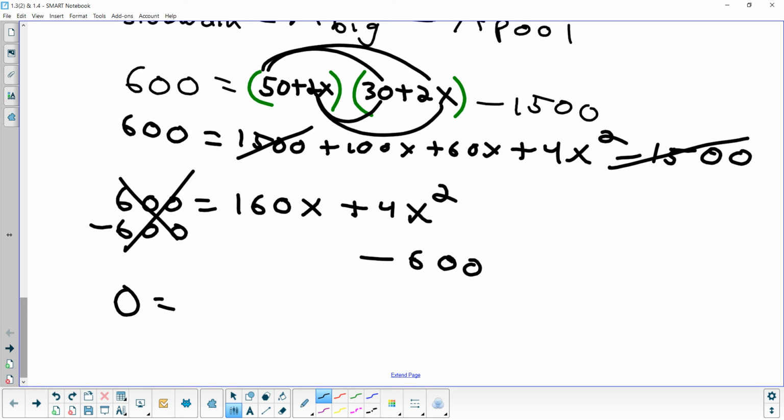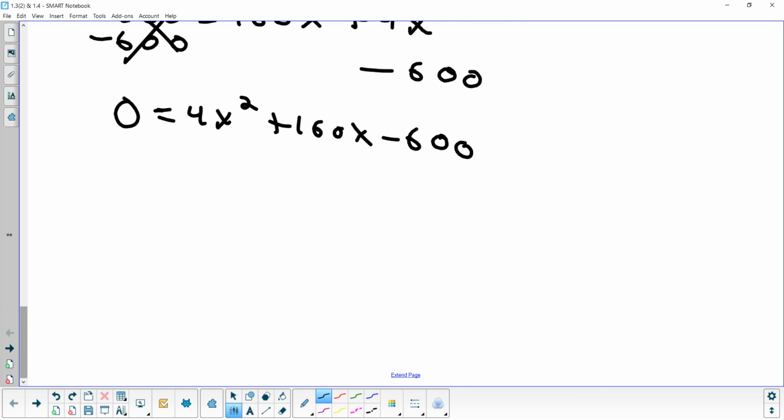That's gone. And I'm going to write it in order from the highest degree exponent to the lowest. So 4x squared plus 160x minus 600. And then I can divide everything by a number, just to make the numbers a little smaller. Yep, Francesca? 2. We can even go bigger. You can divide by 4. This isn't necessary, but it does make the numbers a little smaller, but it's not going to change the answer.